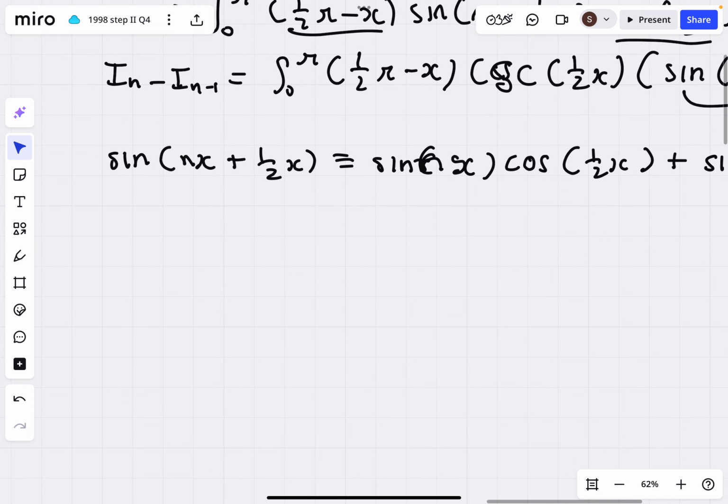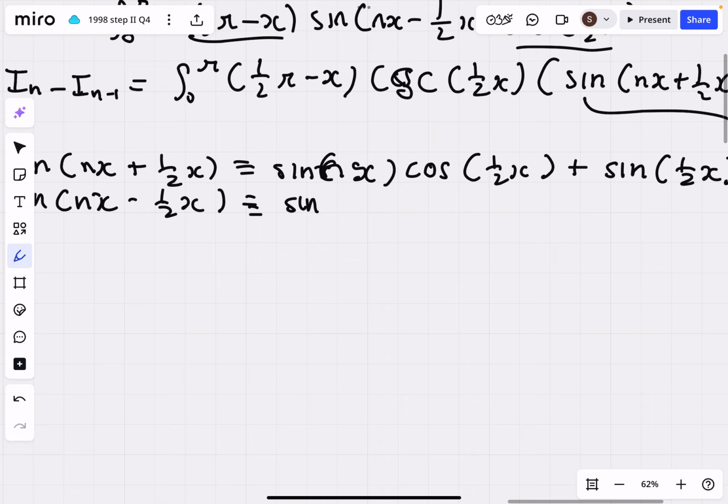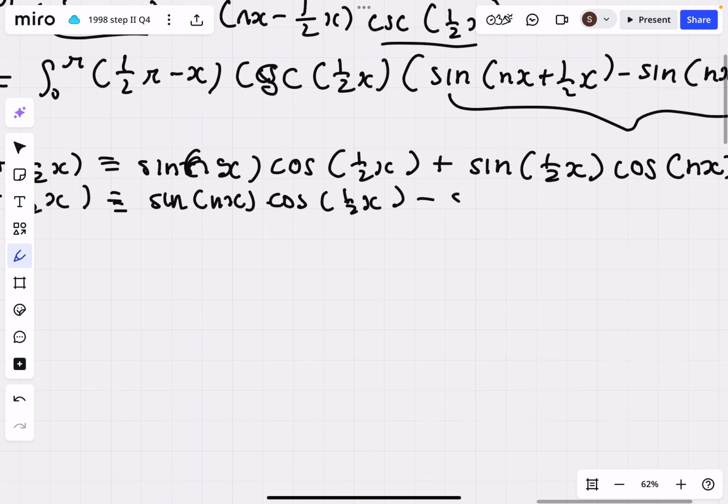And then similarly, sine of nx minus a half x is identical to sine nx cos a half x minus sine a half x cos nx.